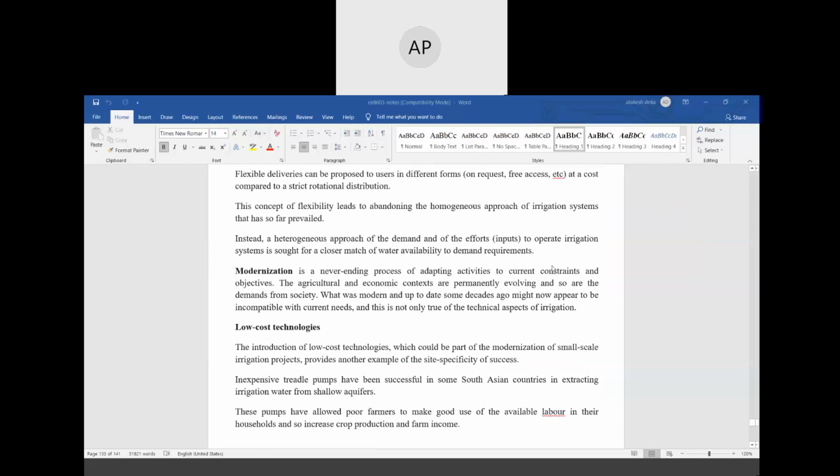So modernization is a never-ending process which you have to adopt in the current constraint or to overcome some difficulties.